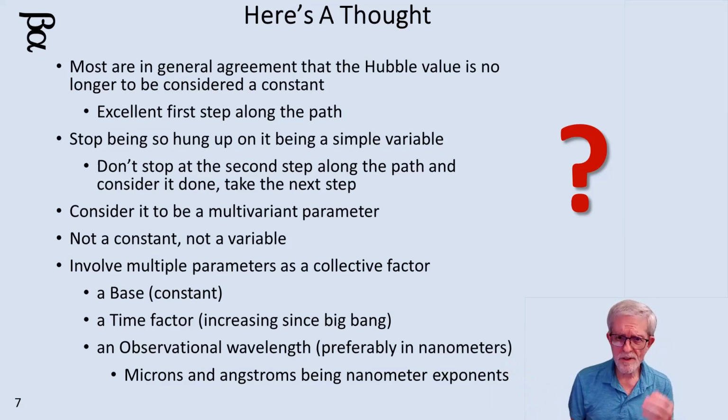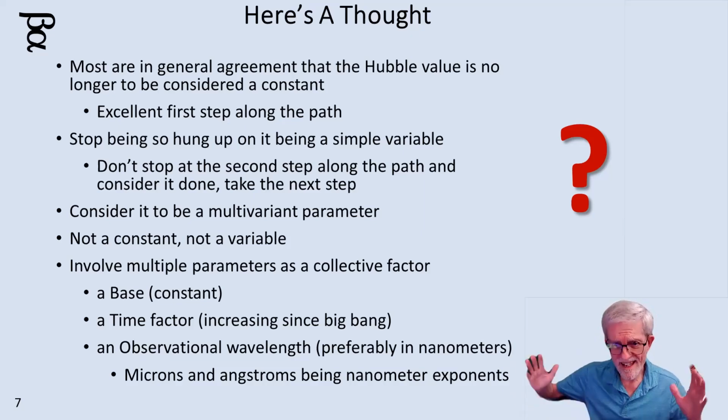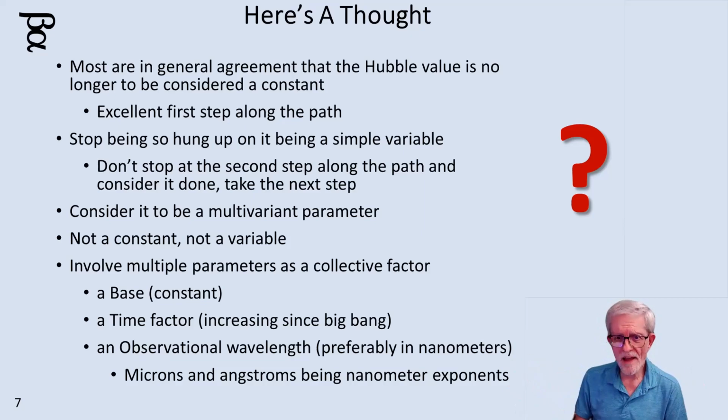And since we have a difference between microwaves, infrared, and visible, I think there needs to be a parameter in there for what wavelength you are observing in. And I think if you do all three of those things instead of a simple constant or a variable, now you have a chance of saying, we've got a formula that can squeeze everything together and you can get whatever number you get out of it based upon that formula.